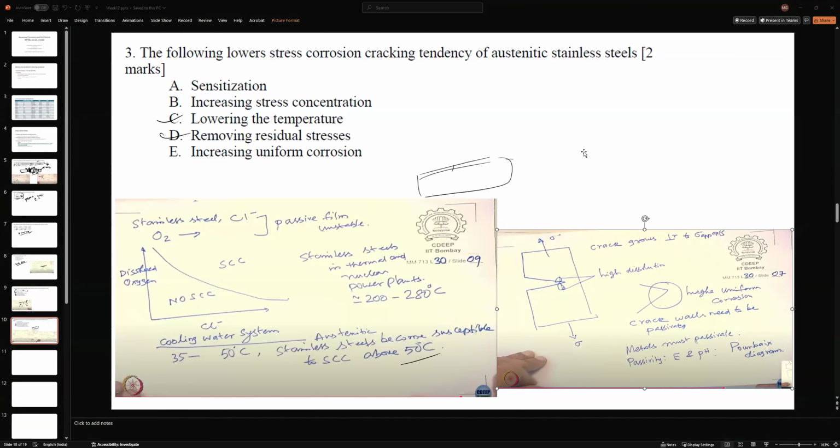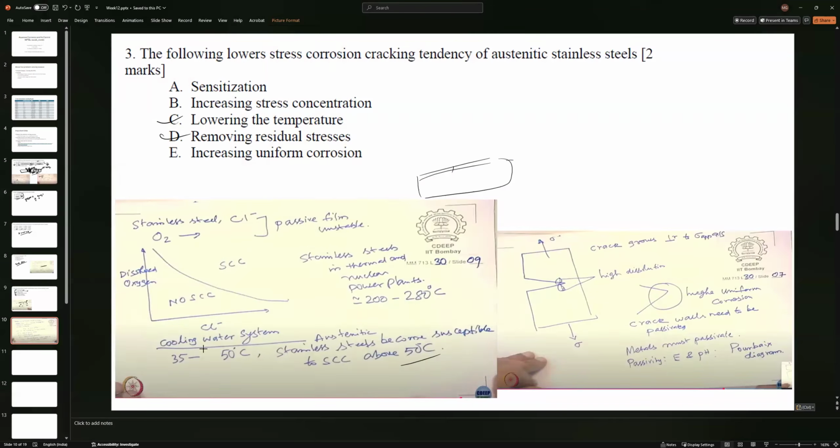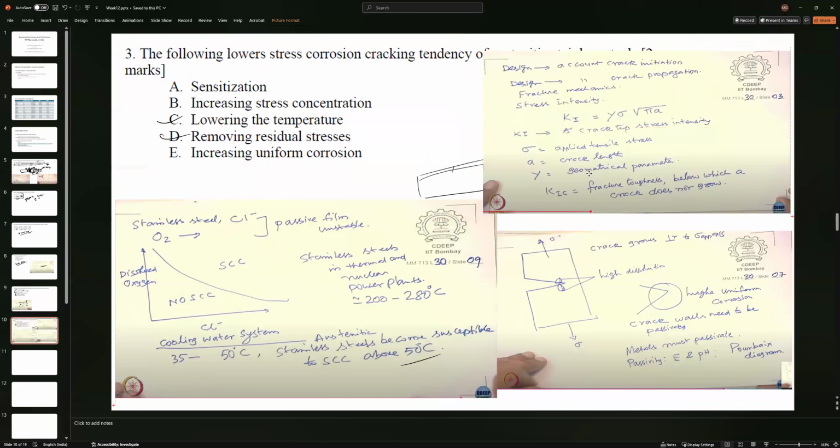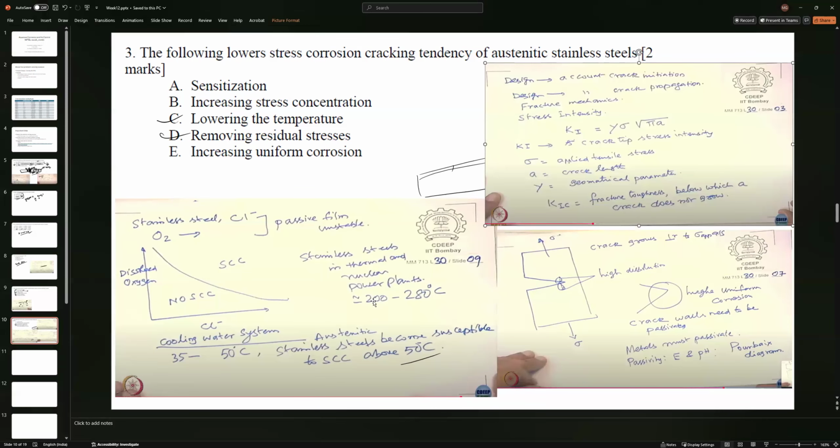So this critical crack formation, stress intensity at the tip of the crack.